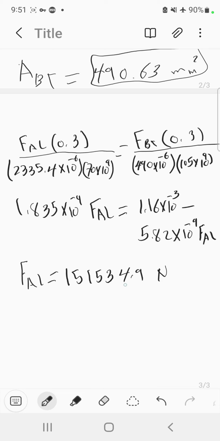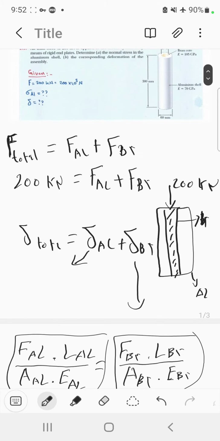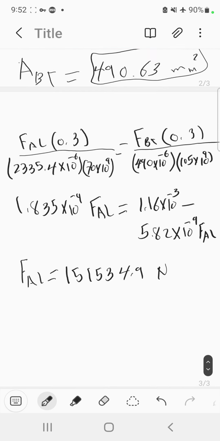After we found this, we can go back to our first equation, F total. We know it's 200, we know FAL is the new number that we got, and plus FBR to find the force on the brass.